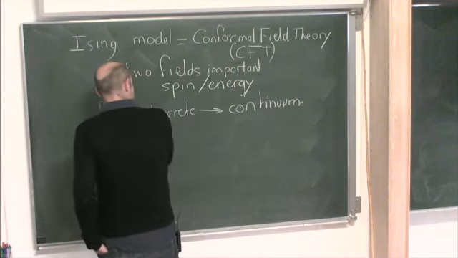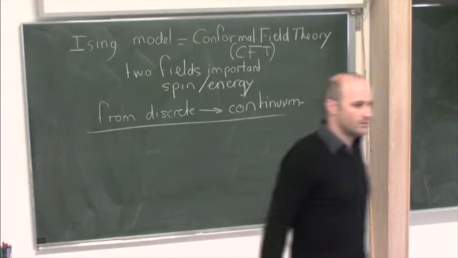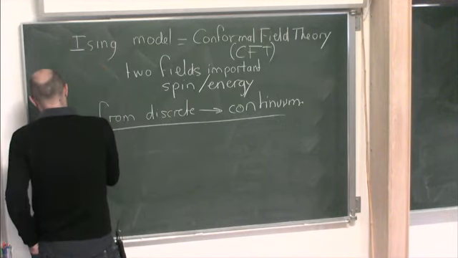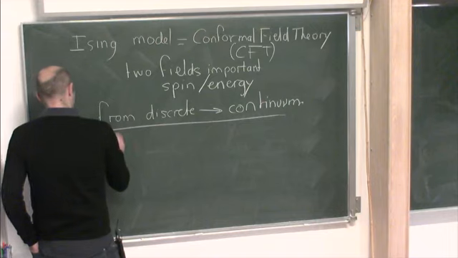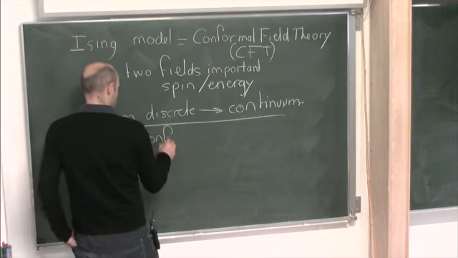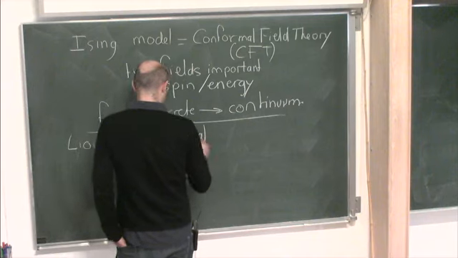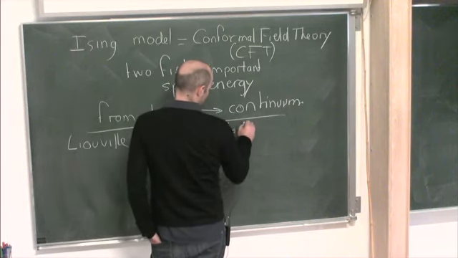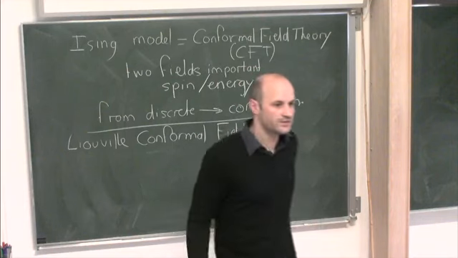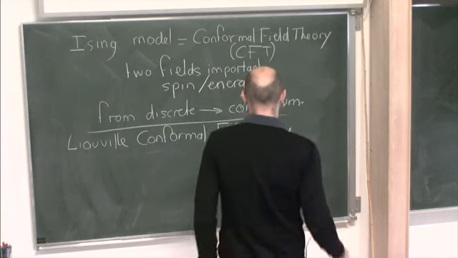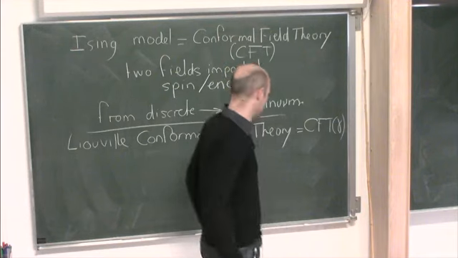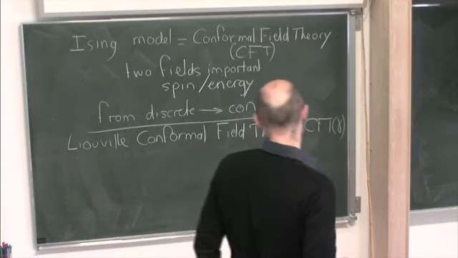Well, what I want to discuss today is a construction of another conformal field theory. And this will be the Liouville conformal field theory, because it is both a quantum and conformal field theory. The difference here is that I will get actually a whole family of conformal field theories, indexed by a parameter gamma, and for each gamma you have a different conformal field theory.